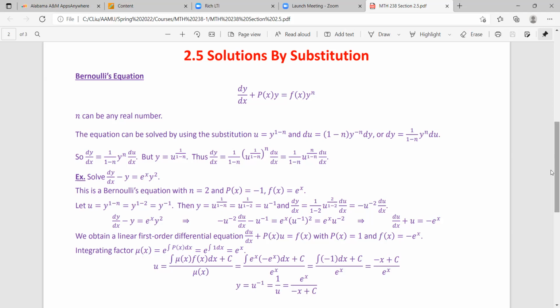Okay. So that's the new equation with u and x, and we know this is a linear differential equation. We can solve it by using the integrating factor.